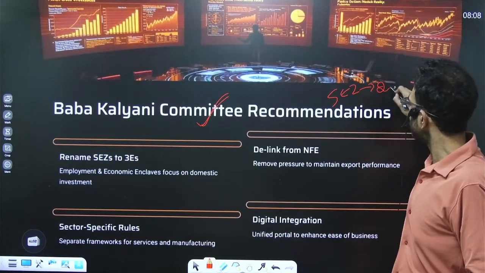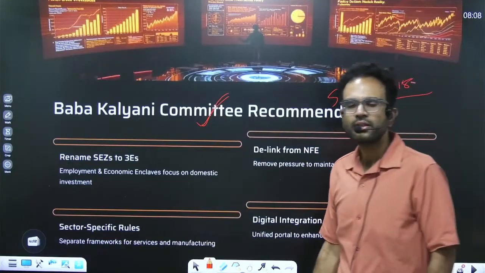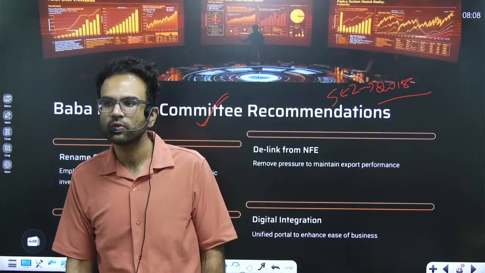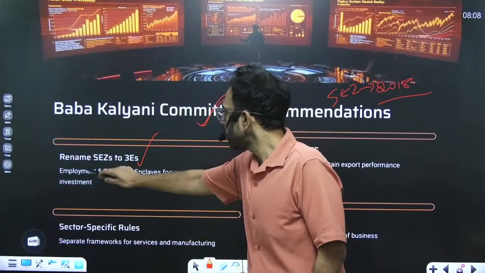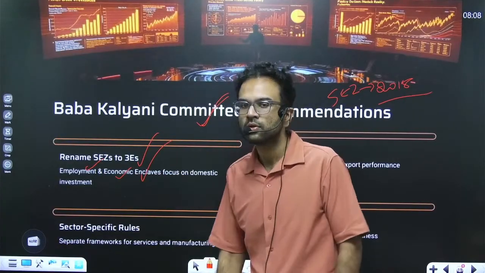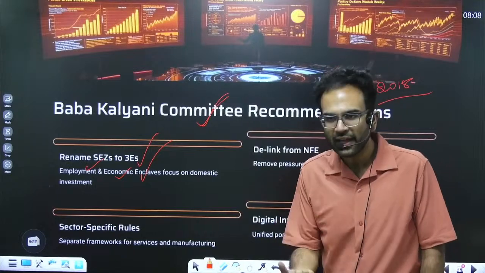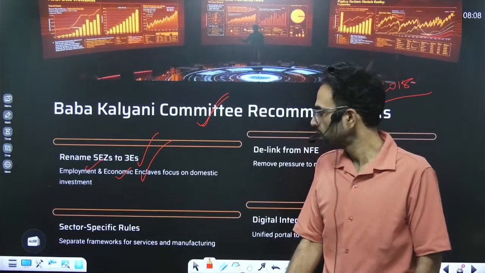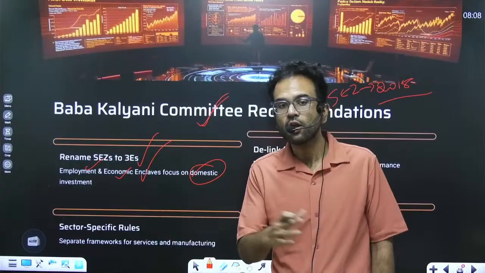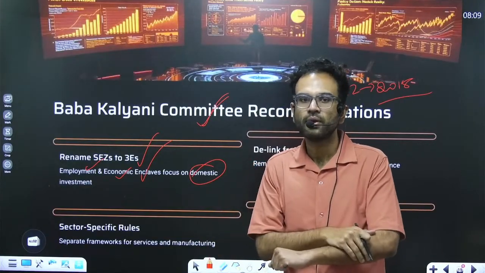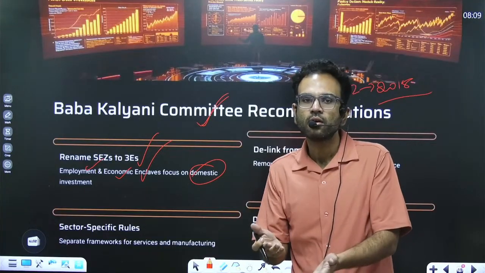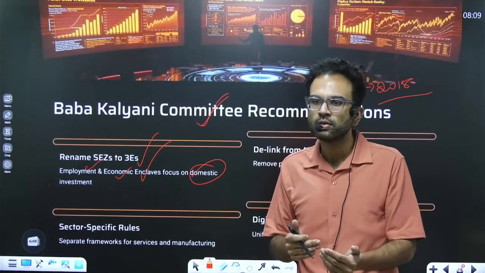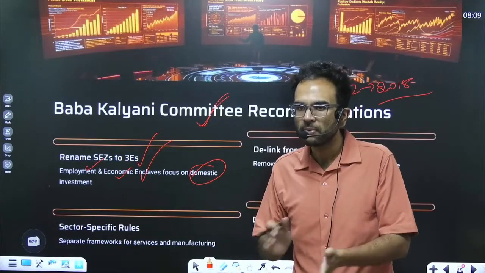This committee said that we have to begin by renaming the special economic zones as 3 E's, employment and economic enclaves, so that the very name indicates the intent, where domestic investment should also be clubbed for employment generation. Why make it only export led? Why not also focus on creating local employment and empowering people?